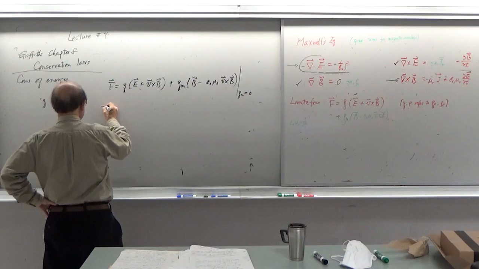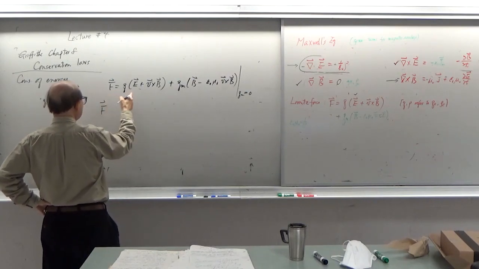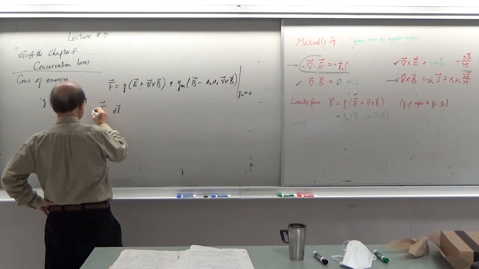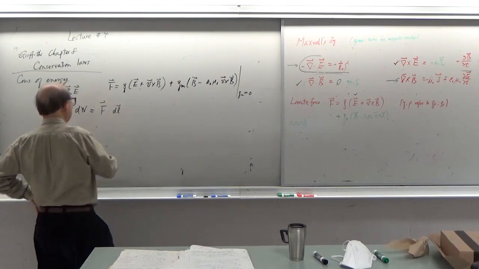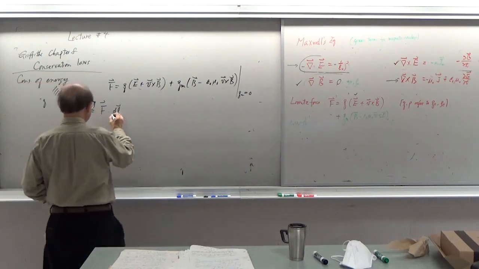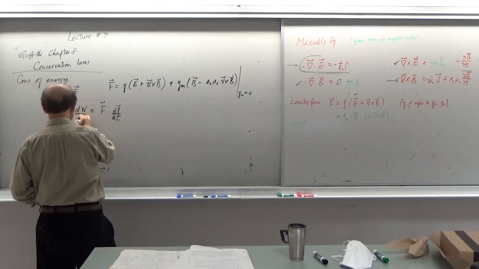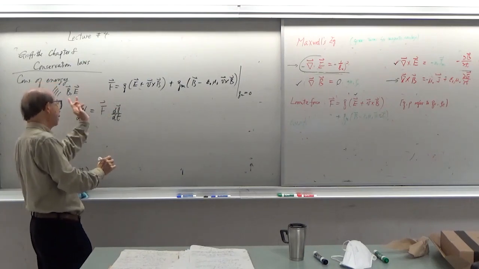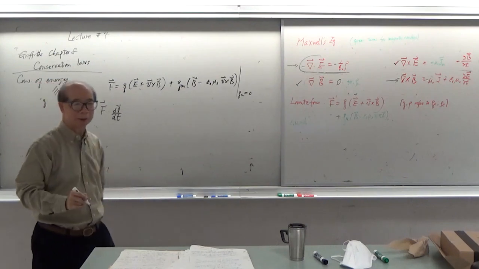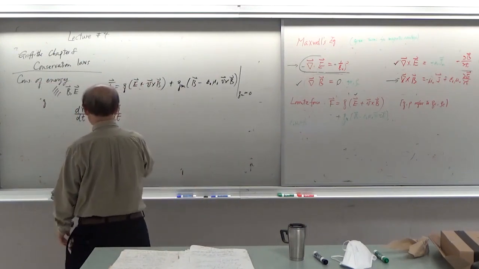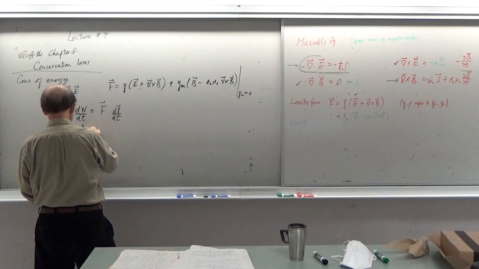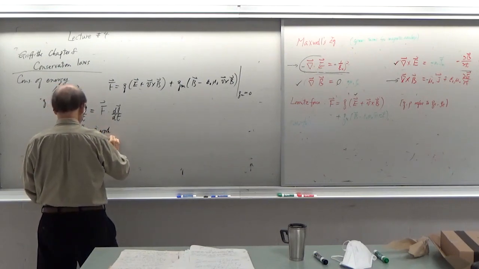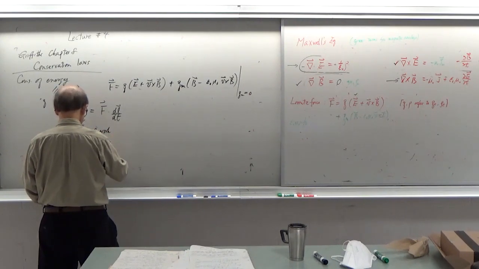Let's consider this force acting on the particle, moving the particle by dl. That will give you some work done. And if I divide by dt, then this would represent the rate of work done by the electromagnetic field on the particle.